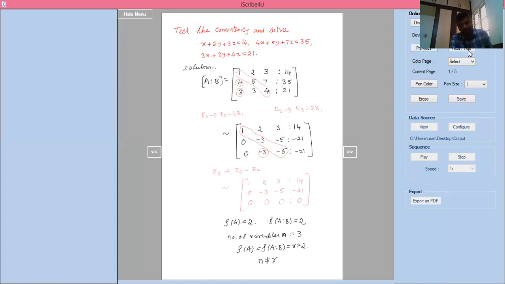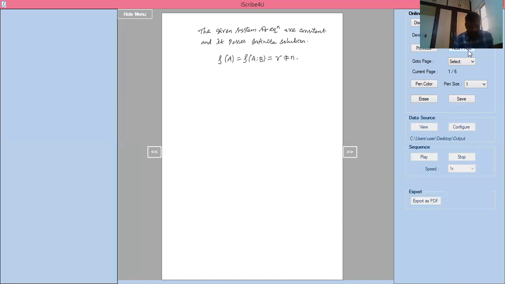N is nothing but 3, which is not equal to R. So n minus r variables, we take n minus r variables, choose as arbitrary. N minus r is 3 minus 2, equal to 1 variable. 1 variable means I'll choose z equal to k. Z equal to k.